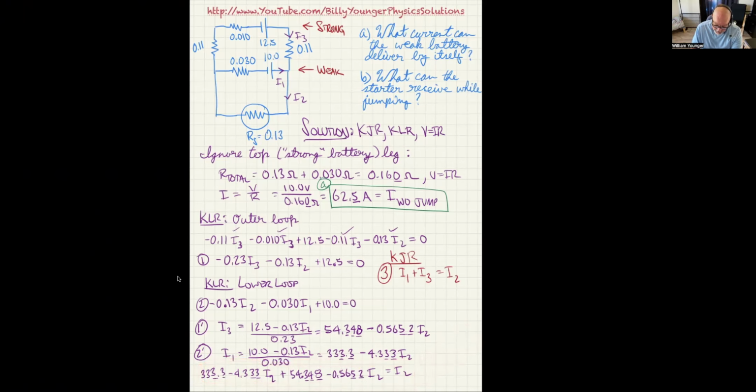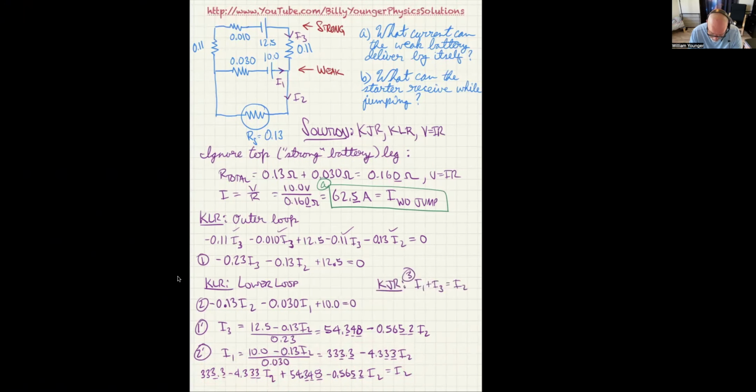So we've already combined all those, and we now have exactly one unknown, and that's I2. So my plan here would be to bring this I2 over to here. It'll become positive, and I already got 1 there, so that'd be 1 plus 0.5652. And then I'm also going to bring this one over there, and that's 4.3 added to it.